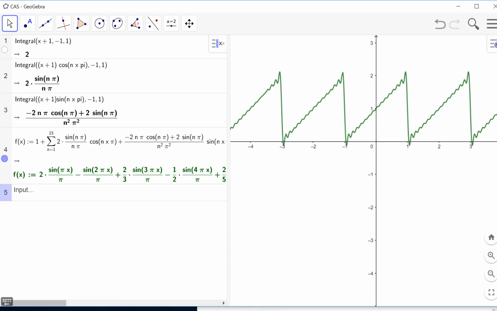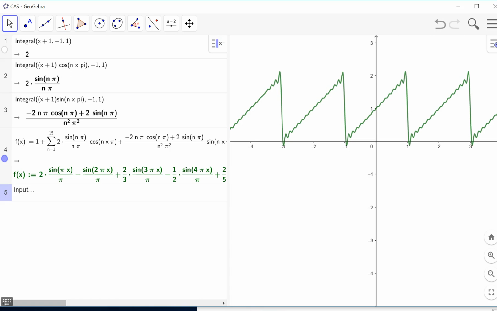So the cool thing about this is that as long as you have a periodic function that is bounded, meaning no infinite discontinuities, and only has a finite number of discontinuities, your Fourier series is guaranteed to converge everywhere except at the points where it's discontinuous.